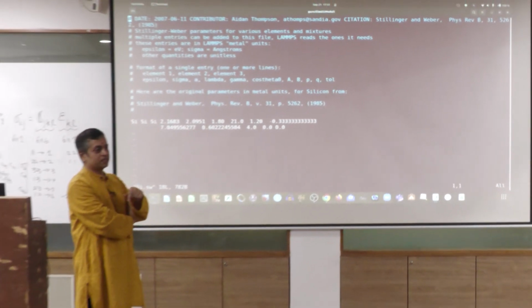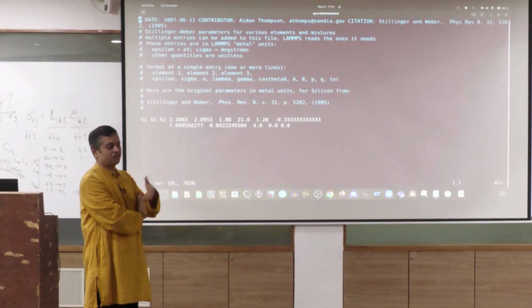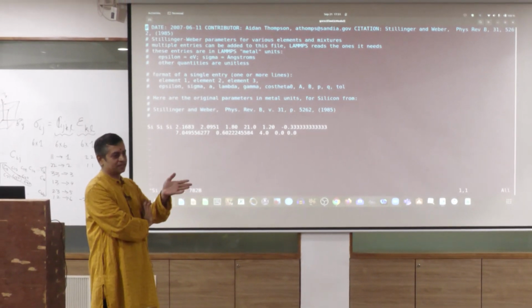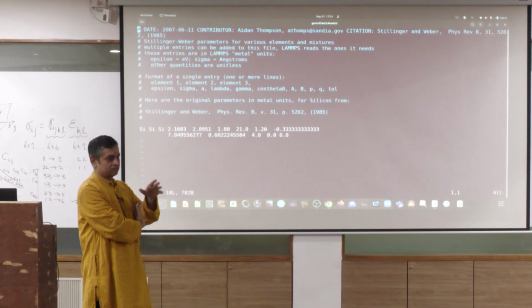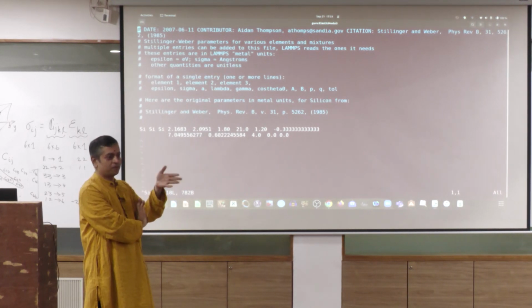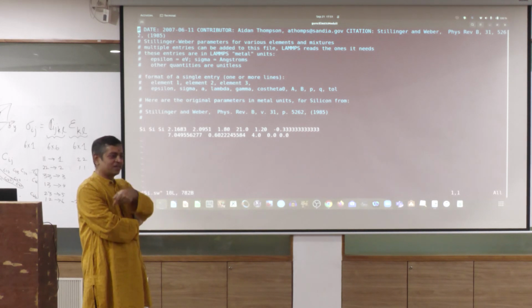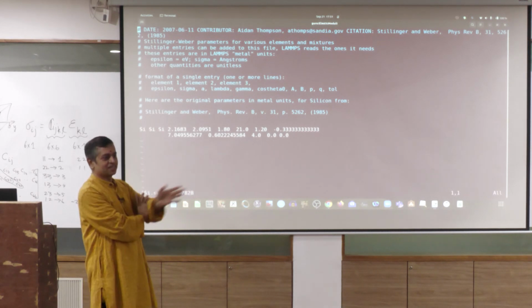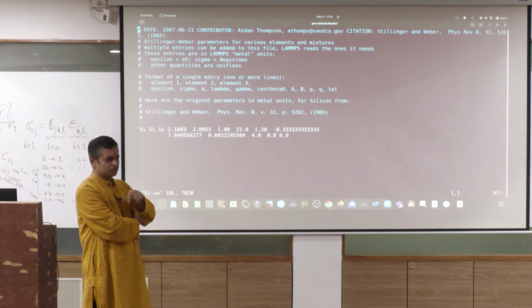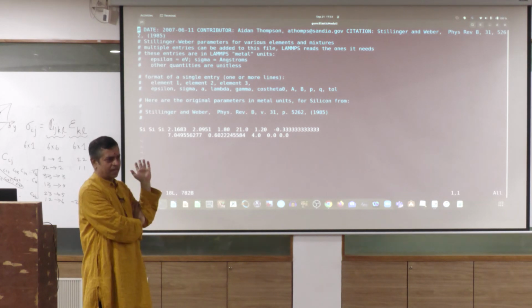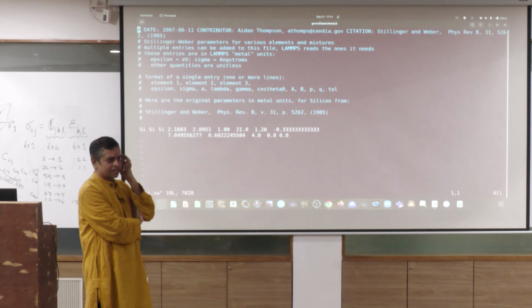If you know the parameters, you can write the potential file yourself, or write a small C program which will do that and give you the potential in the format in which LAMMPS will accept. So, if you read a paper, you can take the parameters, generate the potential and give it. So, we will take a look at it. I think there are also programs which do this, and their manuals explain what it is, but the LAMMPS manual also explains what expectation it has from the EAM potential.